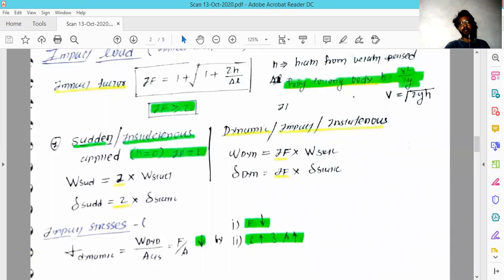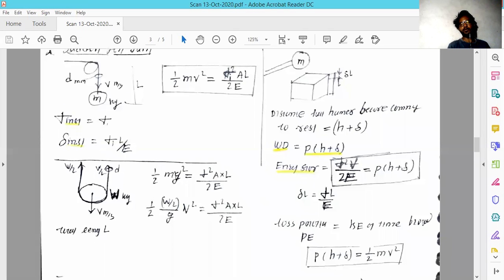Another example is about the hammer. Here the hammer is on an iron block, which has some length. Once you hammer from a certain height, the block will deform by delta L, and the hammer has some potential energy.